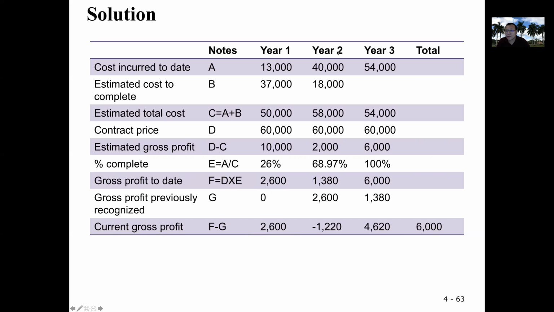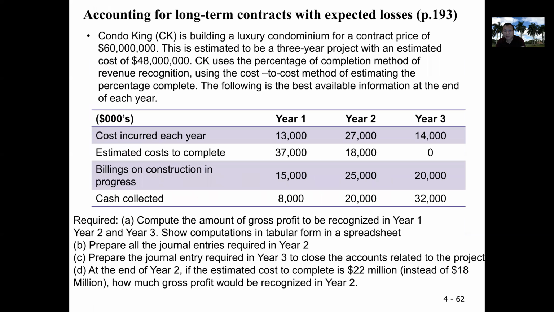And for year 2, you can take a look at this table. For year 2, the actual cost incurred during year 2 is 27,000. So what's the cost incurred to date?